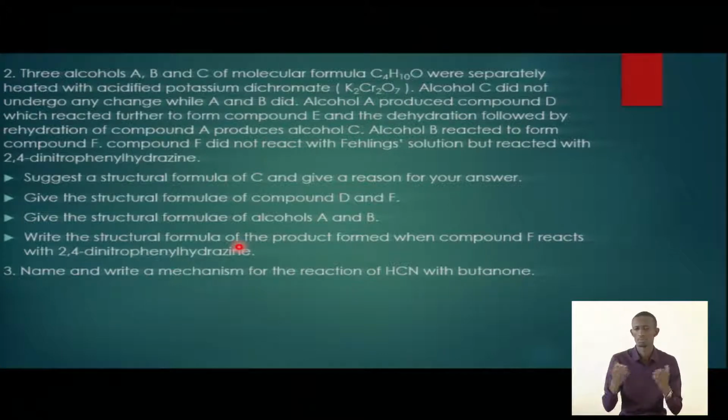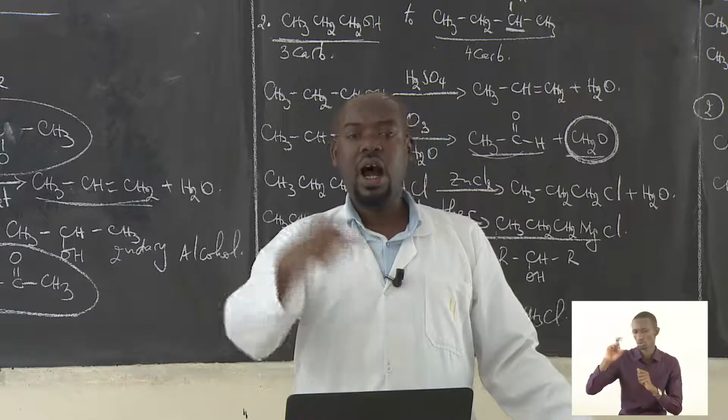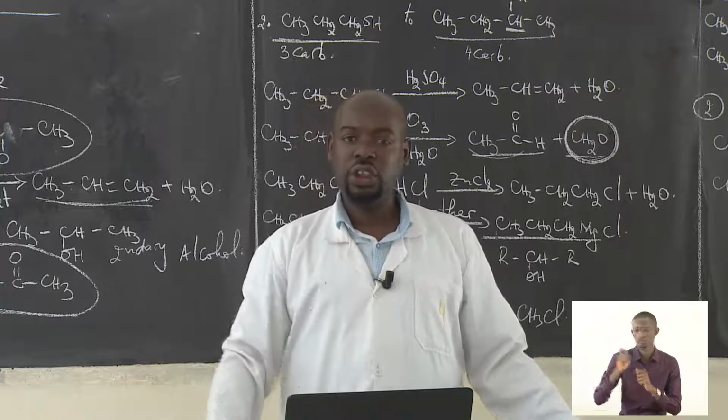Alcohol A produced compound D, which reacted further to form compound E. We know that reaction. We have seen that a given class of alcohols is able to be oxidized, and the product which is formed can undergo a further oxidation.